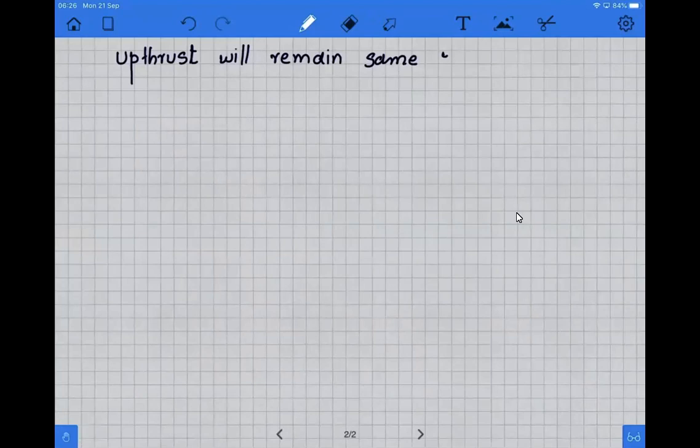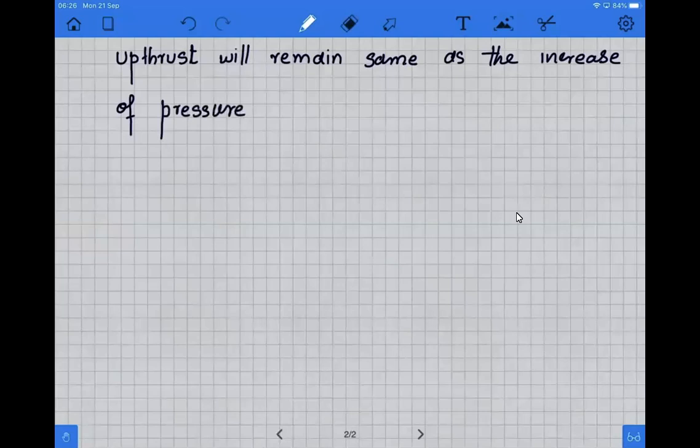As you see, the increase in pressure on the top and on the bottom both is 30 Pascal. It remains the same as the increase of pressure on the top and the bottom is the same.